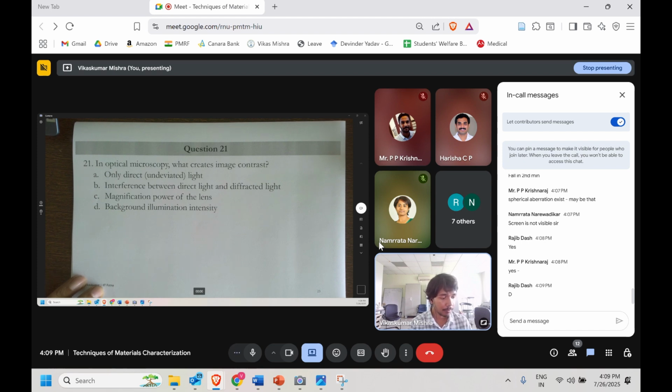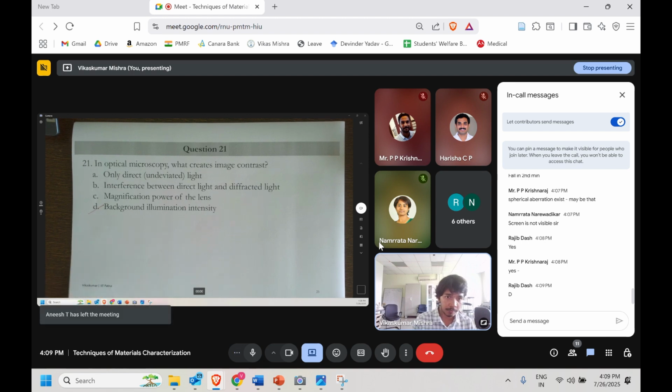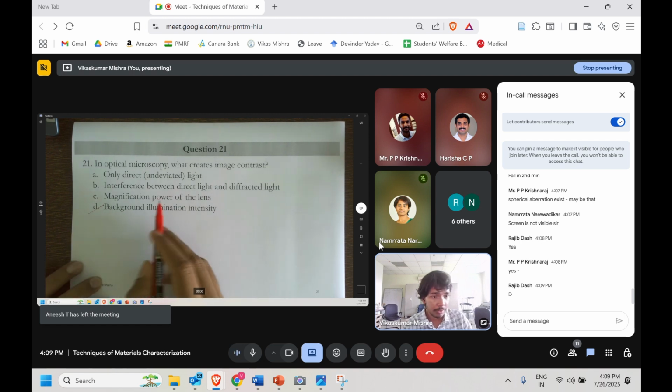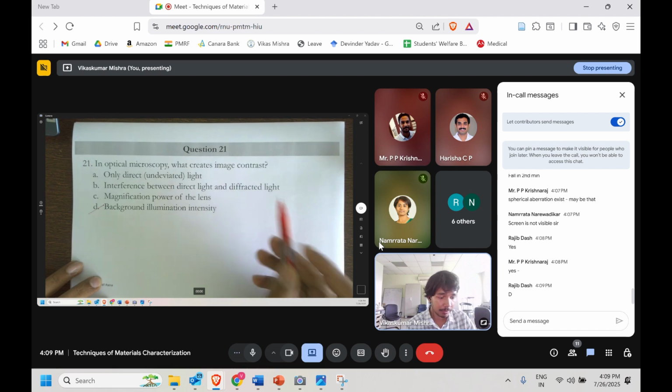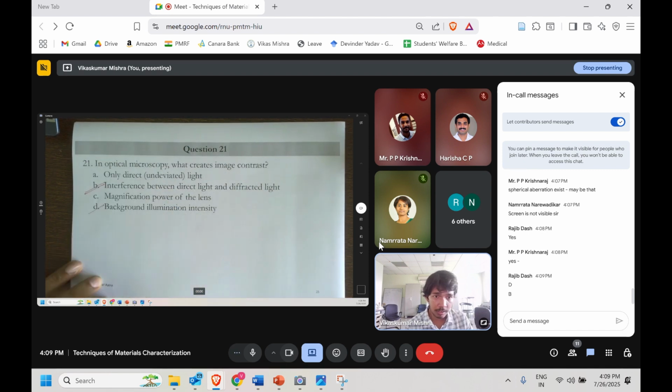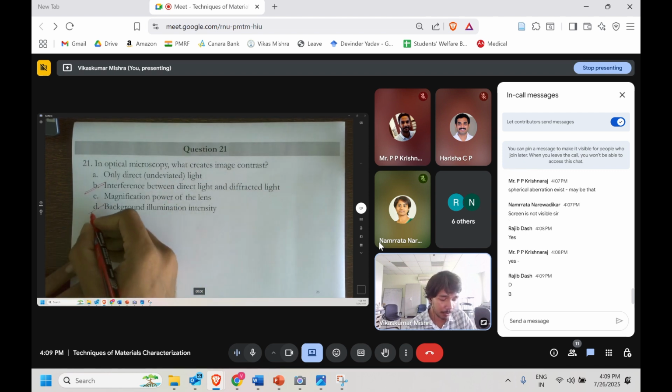Okay. Yeah, this is also a right answer. Is there anything else, Rajiv? See, the interference between the direct light and the diffracted light, this is the prime answer. Okay, yes, that's good. Option B is the right answer, Rajiv.